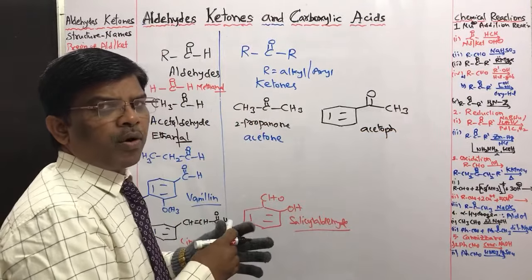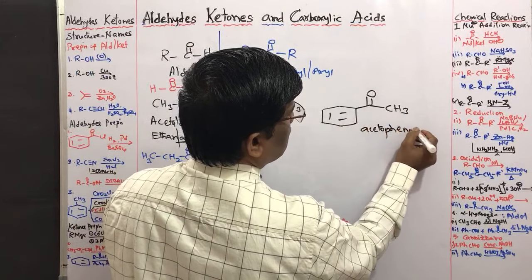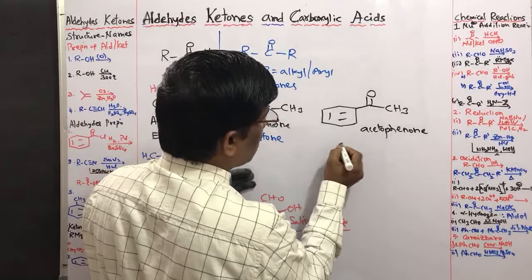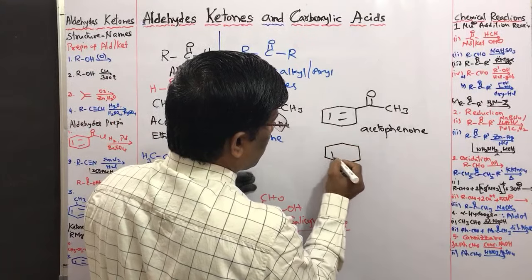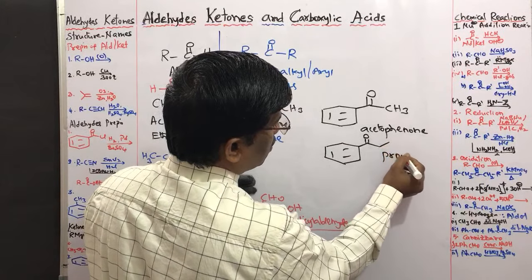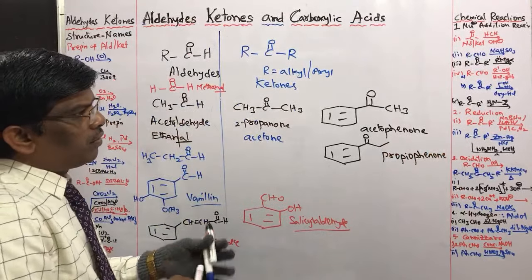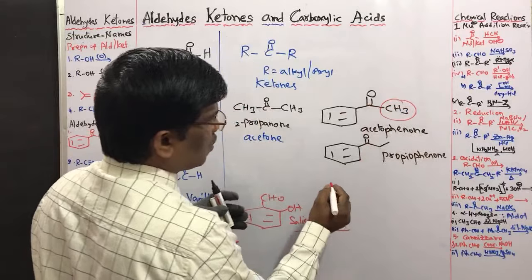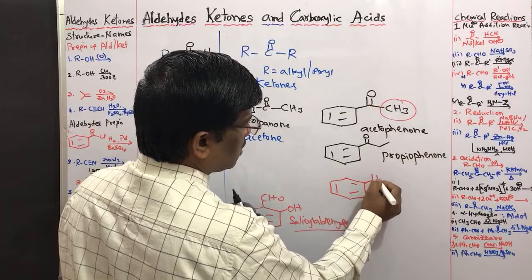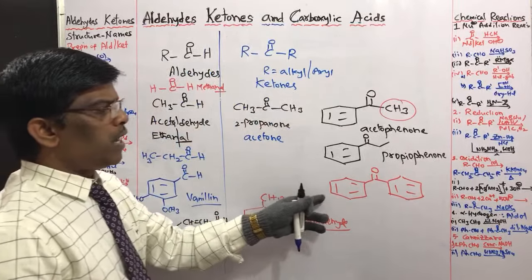Though each compound has an IUPAC name, commonly these ketones are known by their common names: acetophenone, propiophenone, and if the methyl on both sides is substituted with a benzene ring, then it is known as benzophenone.